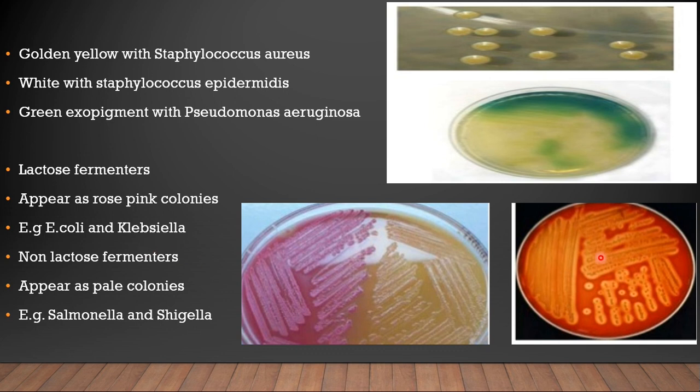And here is the third medium, called blood agar medium, where you can see the hemolysis of the bacteria, and the best example is hemolytic streptococci. So this is how the microorganisms are cultured, and they are identified by their cultural characters, having shape, size, color differentiation, all those things.